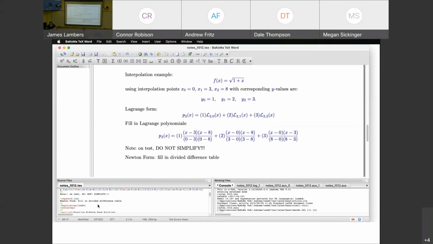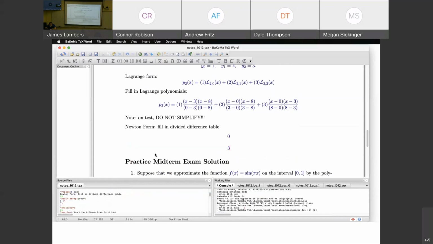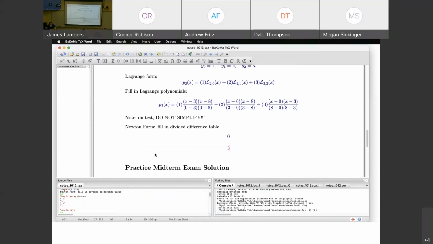Okay. So the first column will consist of the x values, so 0, 3, and 8.